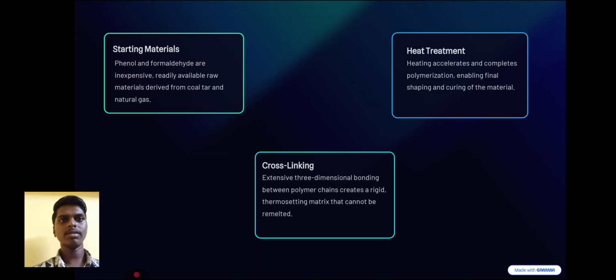Starting materials: phenol and formaldehyde are inexpensive, readily available raw materials derived from coal tar and natural gases.